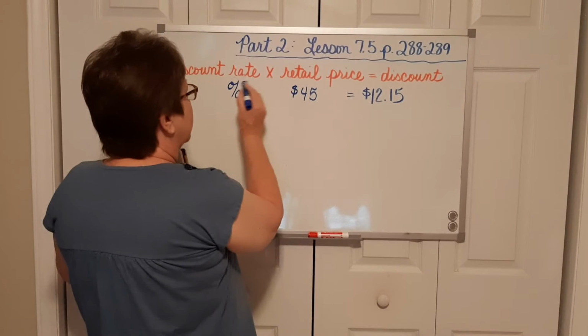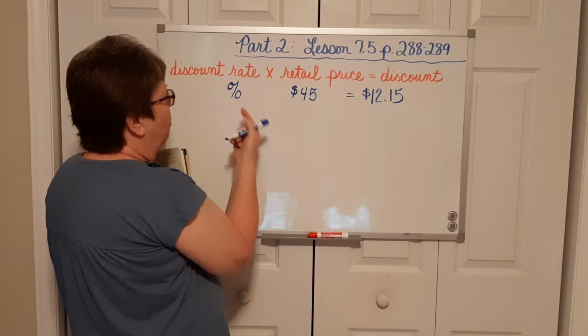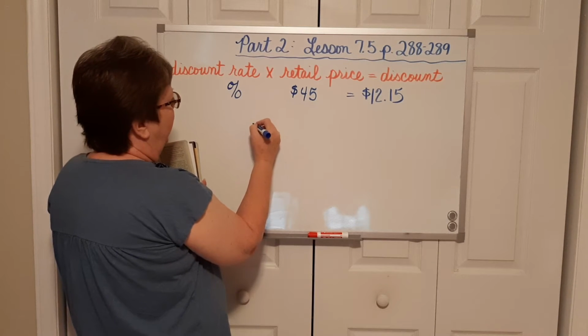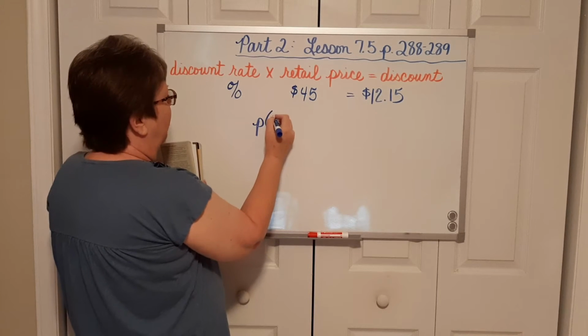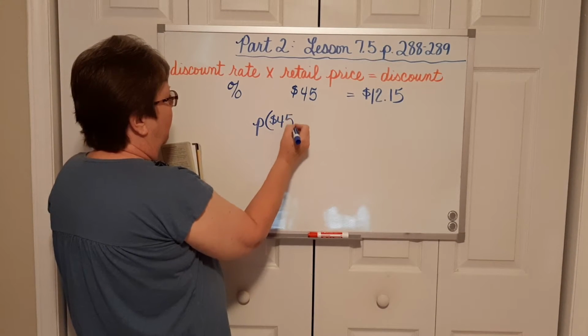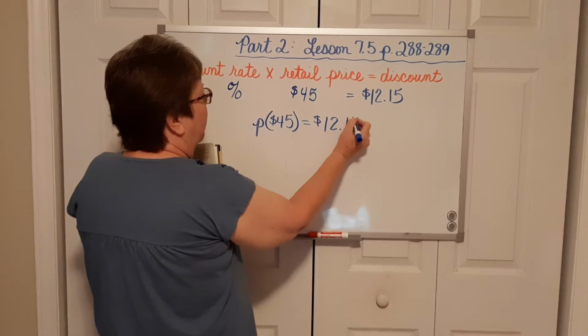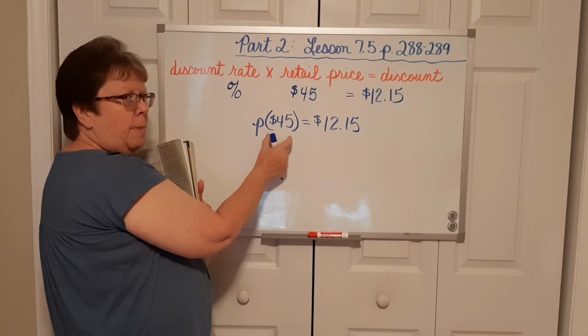So, discount rate times retail price. We're trying to find our discount rate. So I'm going to say P times $45 equals $12.15. Remember, this means multiply.